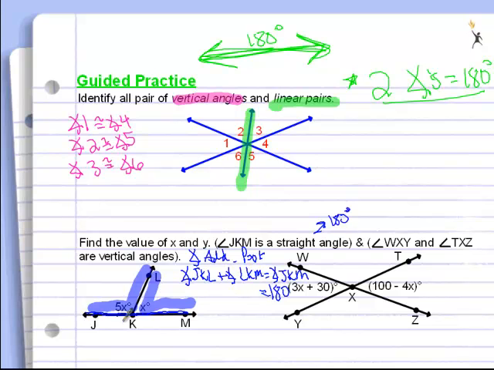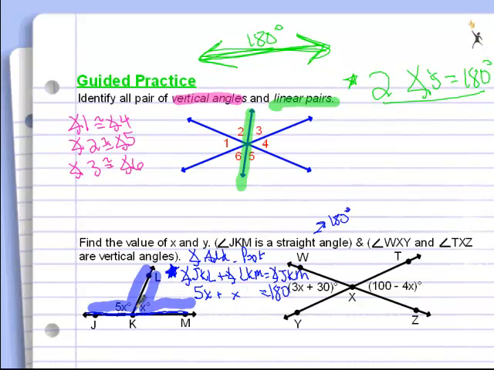Then they tell me that JKL is 5x, and that LKM is just x. Well, here I have an equation, just by replacing what I already had. Notice I had to use the angle addition postulate to even set up my problem. That's where I had to start. Then I replaced everything with information they gave me.